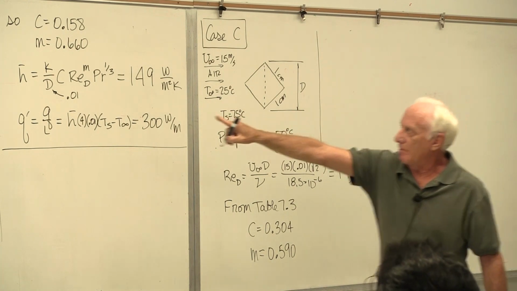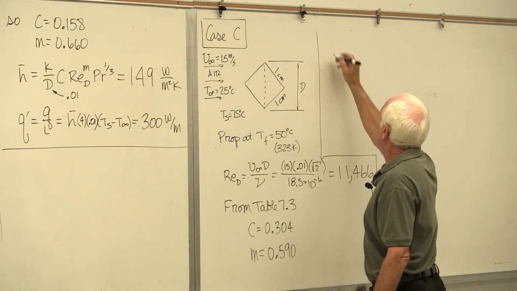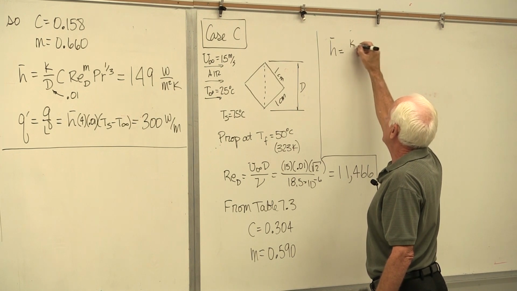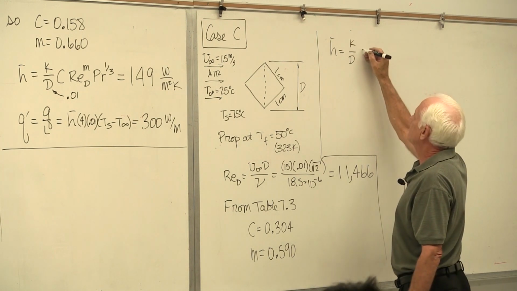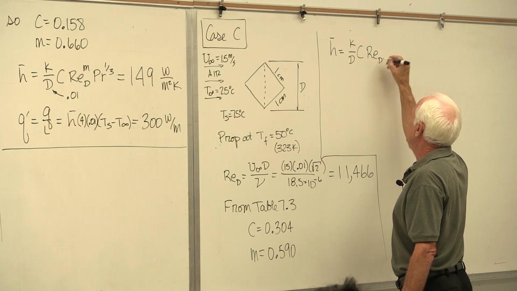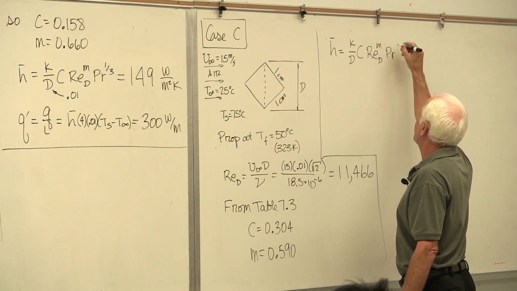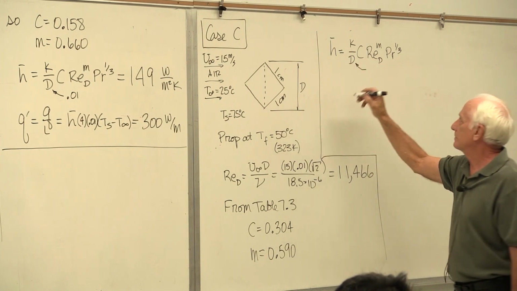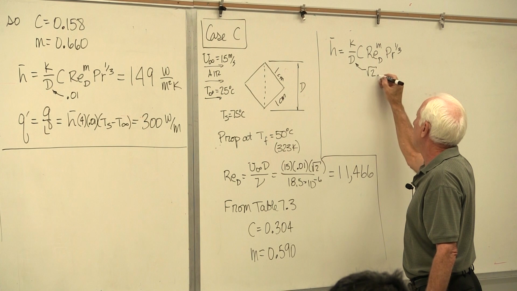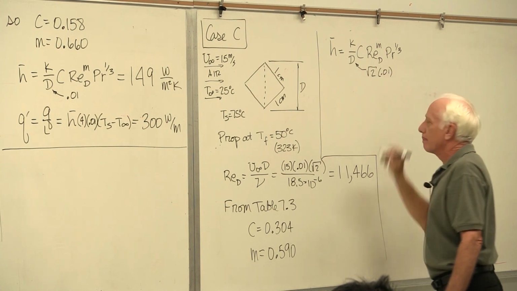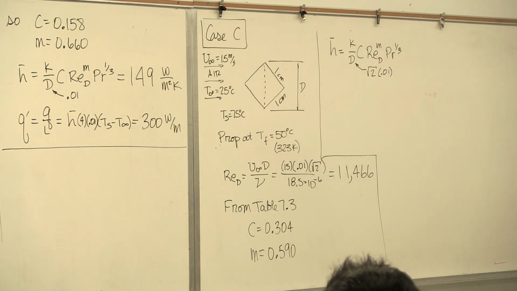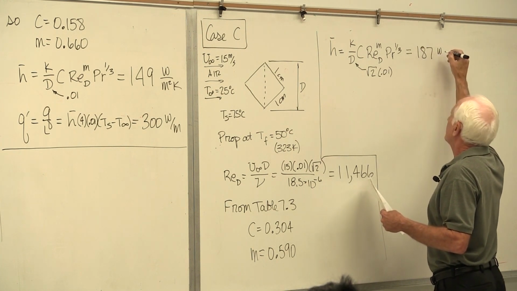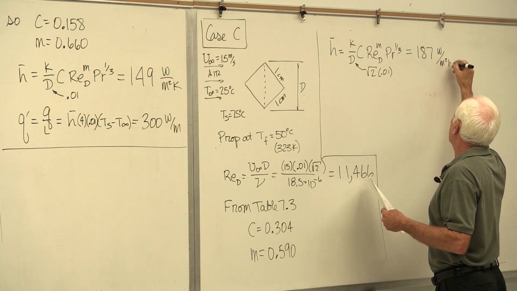We still use Hilbert right here. H bar equal K over D, C, Reynolds number based on D to the M power, Prandtl to the 1/3 power. Wherever you see a D, put the D from the picture. Square root 2 times 0.01. If you do that, you get 187 watts per square meter K.